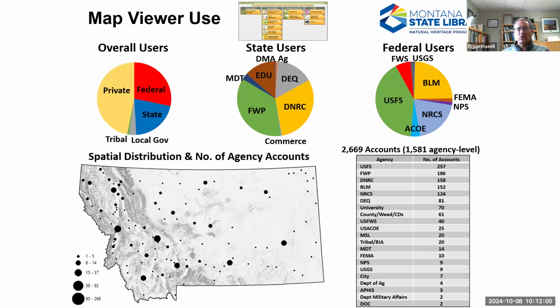For private individuals, we can run those reports for you, and I'll show you a couple times during this presentation how to request that. But I want to make the point that what the agency biologists are seeing and what the public would see when they get a request run for them and returned to them is the exact same information. We're just not making precise locational data of species available freely to everyone on the internet.